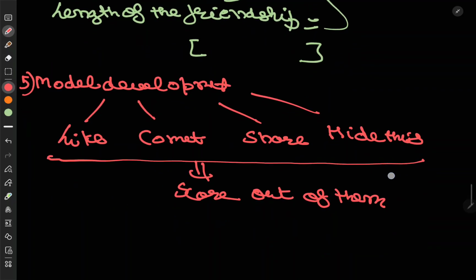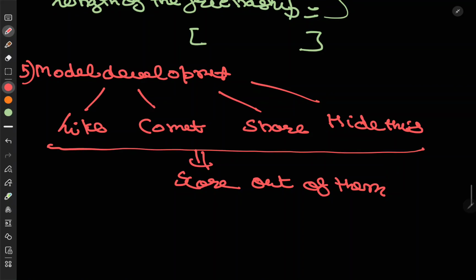You can ask me whether it makes sense that like, comment, and share have the same weightage. No, because if the user is going to share a post, it has more weightage than something which is going to be liked.